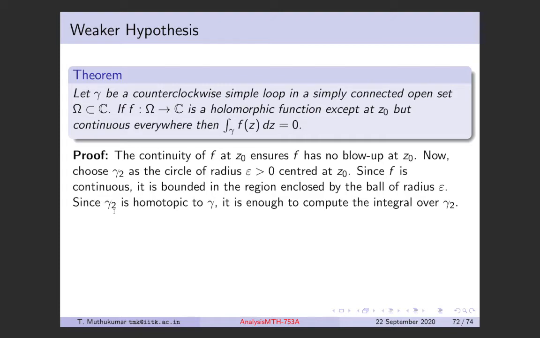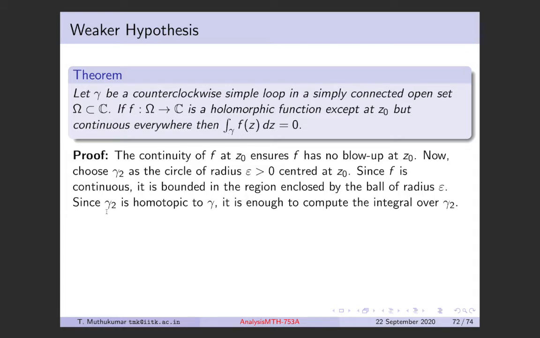And this gamma 2, the circle of radius epsilon, is homotopic to the given gamma. Okay, so we are in a simply connected domain omega, and gamma 2 is homotopic to gamma. So the integral over gamma is the same as the integral over gamma 2.